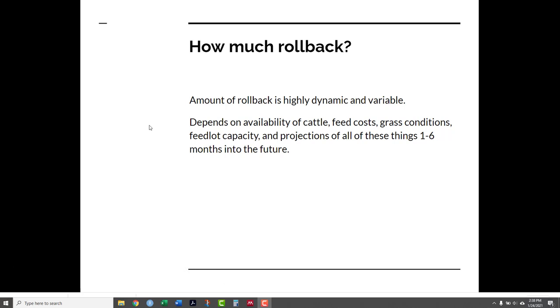Okay, the amount of rollback is highly dynamic and variable. In almost all situations in the cattle market in the United States where rollback exists, it happens, but the amount and how dramatic it is is really dynamic.